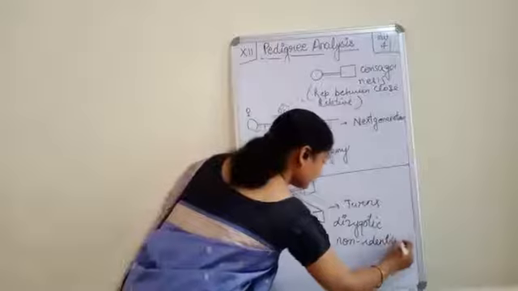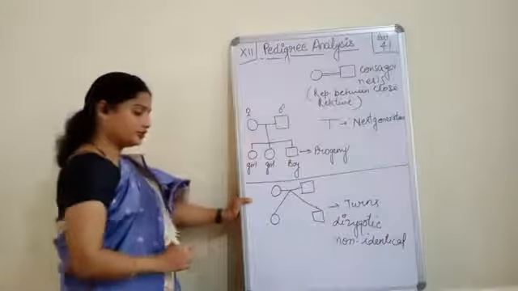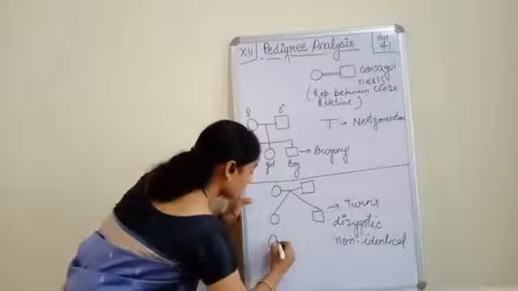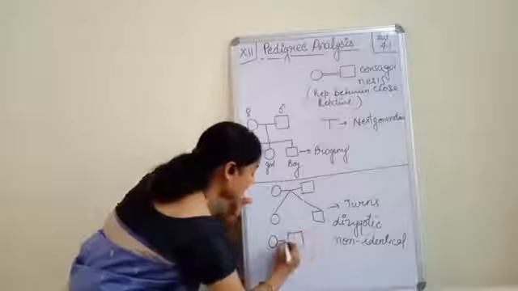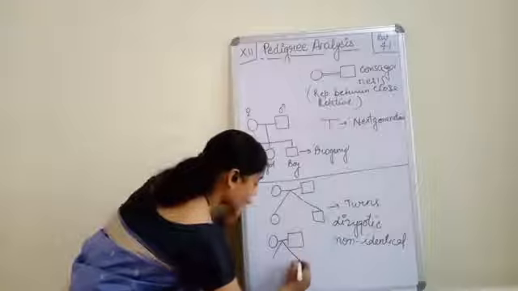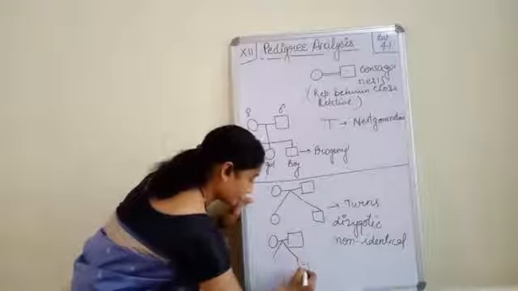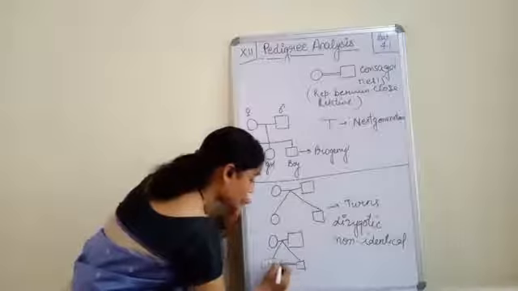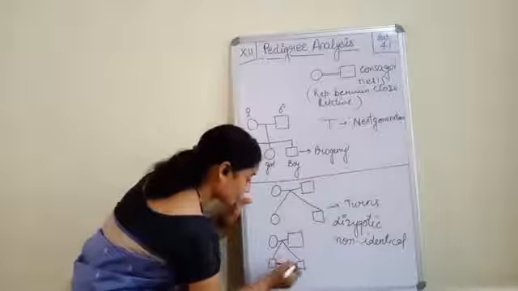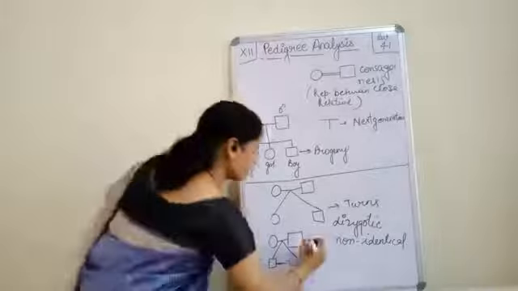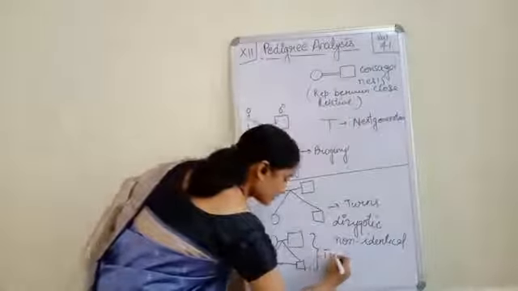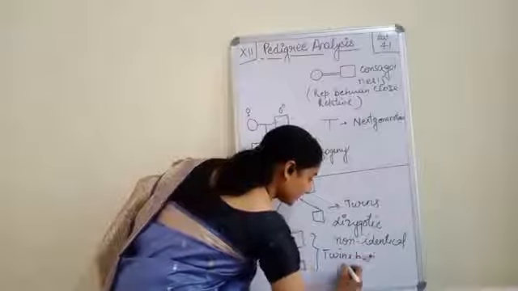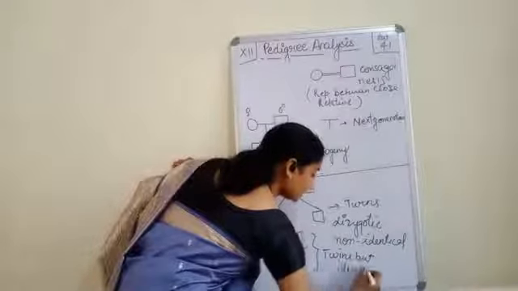Understood? And suppose if the symbol is something like this, and this is also joined, this shows twins but identical.